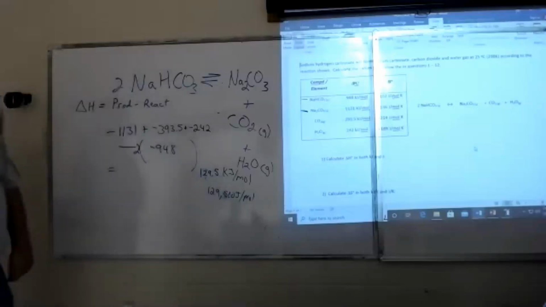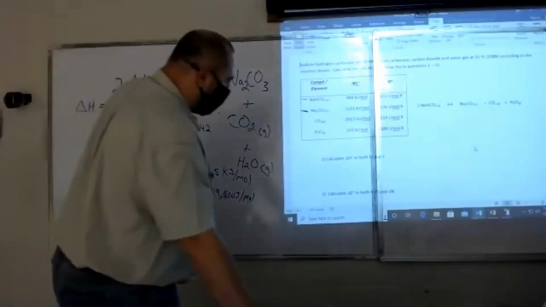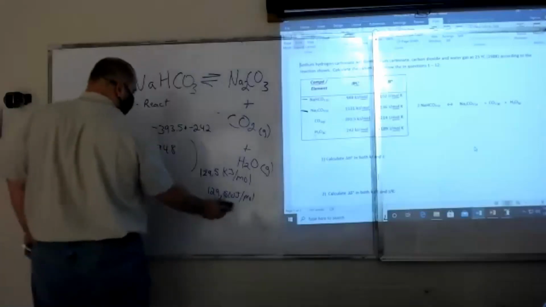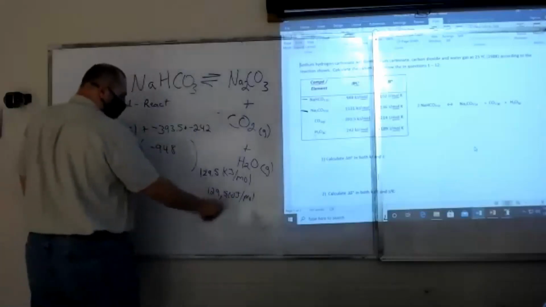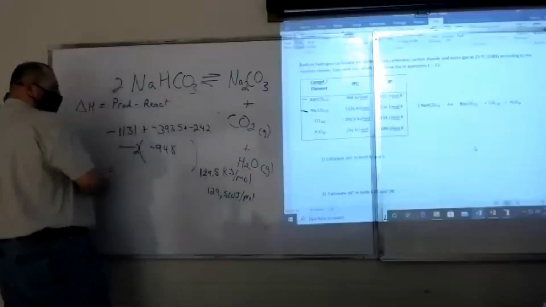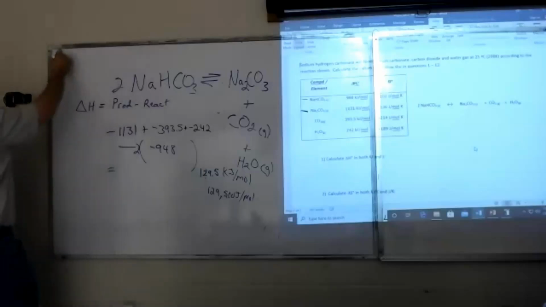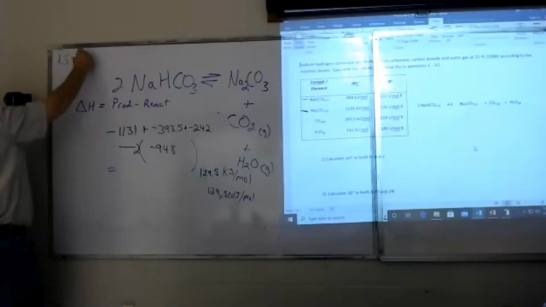Don't we have to divide by 1,000? No, that's going from joules to kilojoules. You divide by 1,000. Now, why do we need both? We'll write down the kilojoules so we can always.